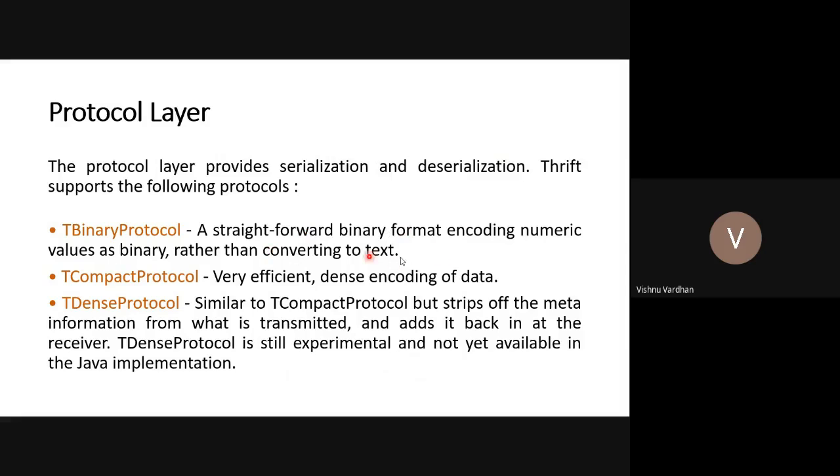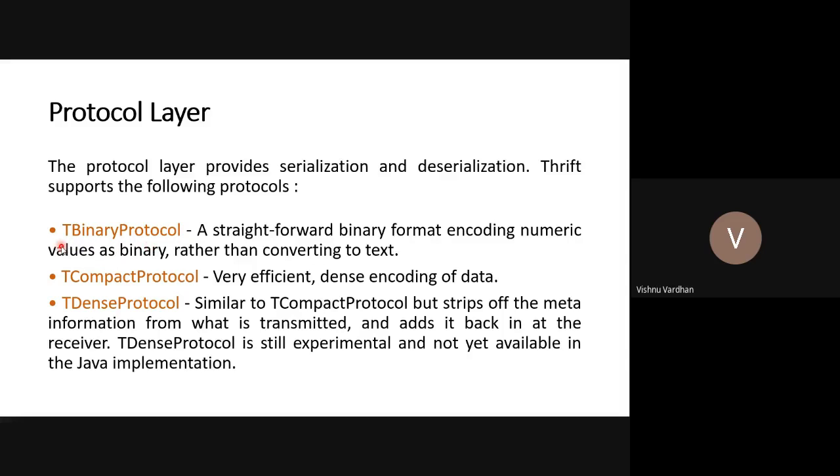All these binary kind of operations are handled by this protocol, TBinaryProtocol. Generally it converts binary to numeric, binary to text. So depending on your programming language, whether binary to text, binary to numeric, or any other data format, TBinaryProtocol will make that decision.